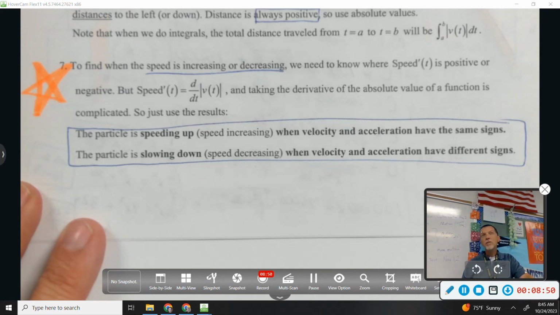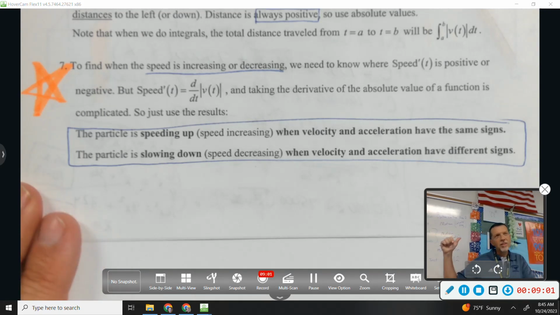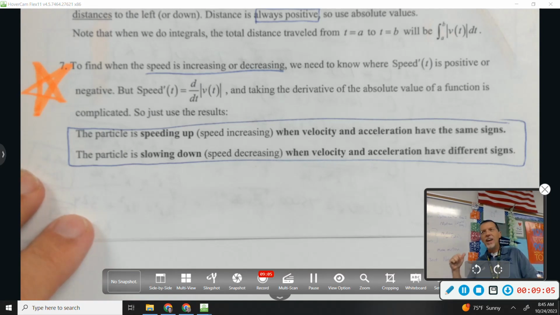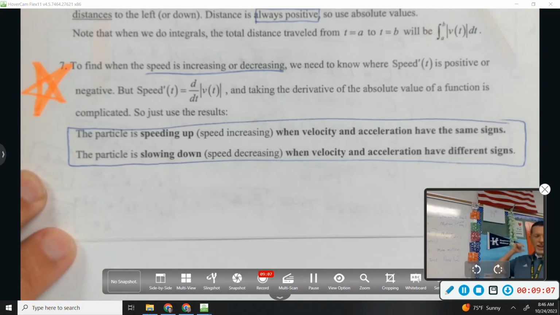Okay, so if you're moving forward and your acceleration is positive, then you're getting faster in the positive direction, you're speeding up. If you're moving backwards and you're getting faster in the negative direction, this is a little bit confusing. Your acceleration is negative because you're speeding up in the negative direction.